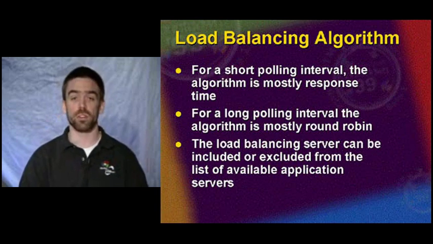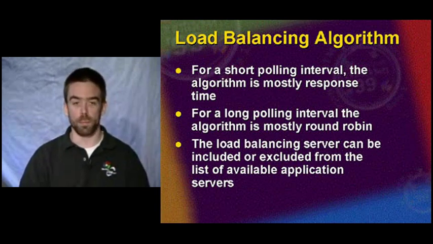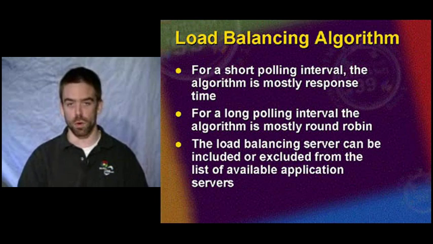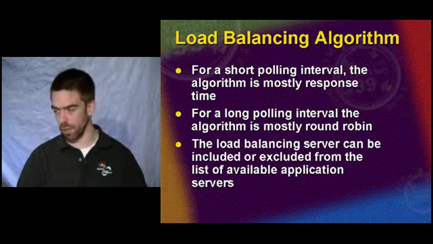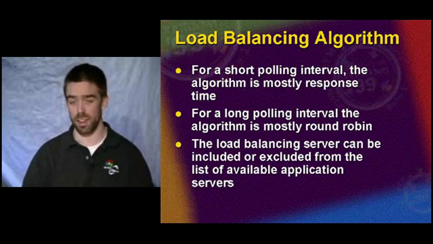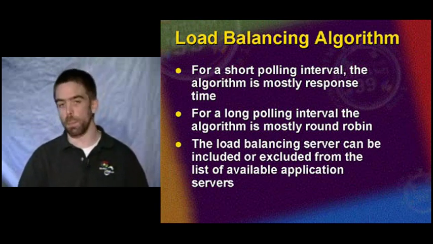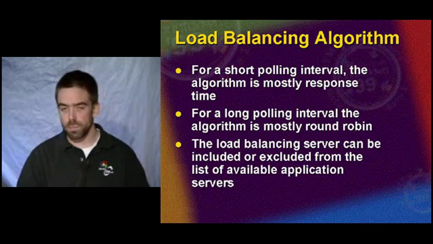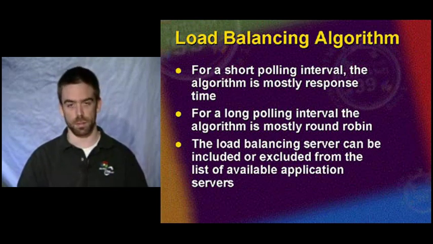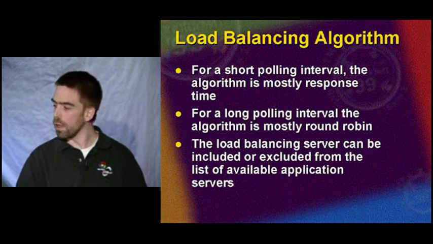You can think of an extreme example where you set the polling interval to be a week, for example, in which case for that entire week you're just cycling through the list of machines one after another. And then really the fact that the list was ordered based on the response time at some time in the past doesn't really make any difference.